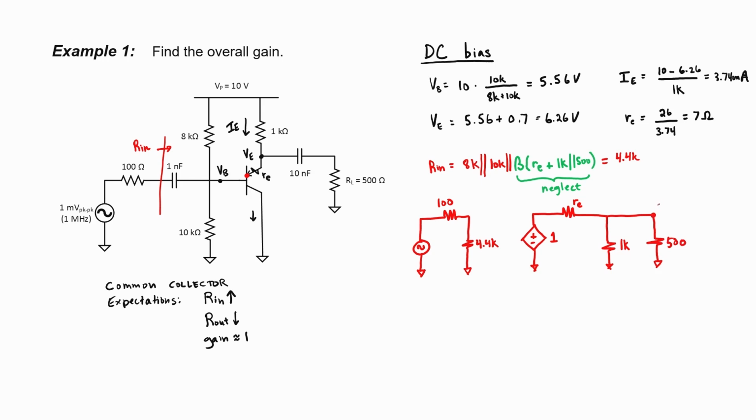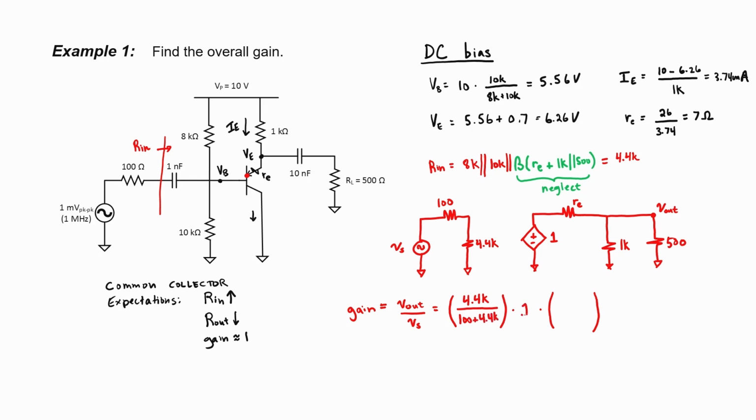My gain is determined by the ratio of the output voltage to the signal voltage. So we have 3 determining sections, or 3 parts of our equation for finding the gain. We have our input voltage divider, we have our gain segment, and then we have our output voltage divider. Our voltage divider from the input stage is just 4.4 kilo ohms divided by 100 plus 4.4 kilo ohms.